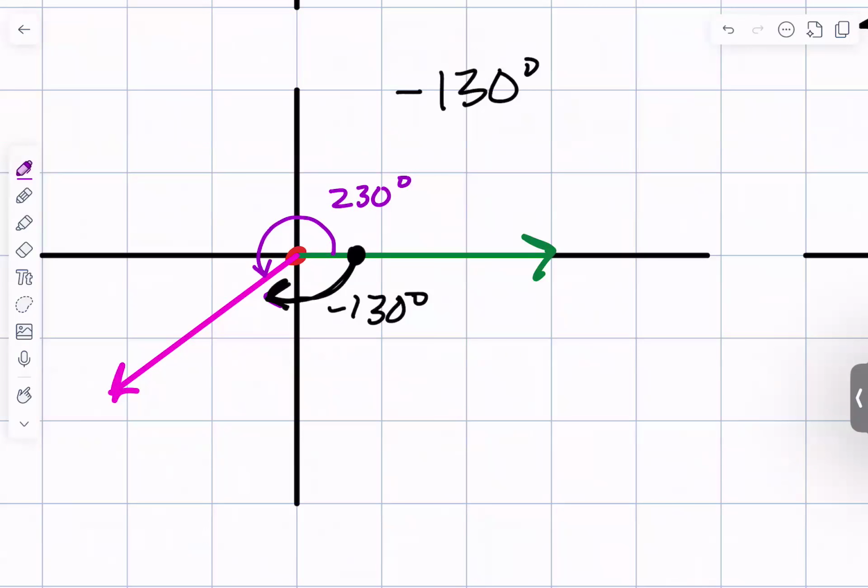What we just did, they are called coterminal angles. Why are they called coterminal angles? What does the prefix co mean? Together or share, right? Are the same, right? We're codependent.